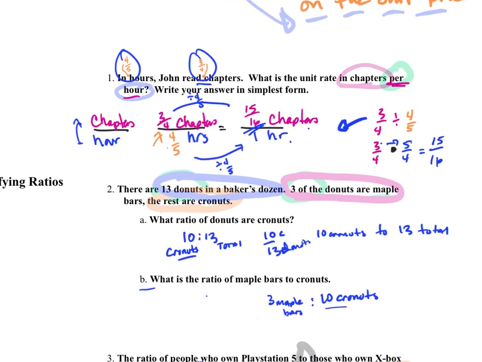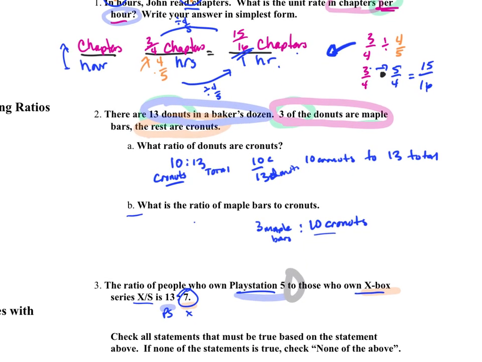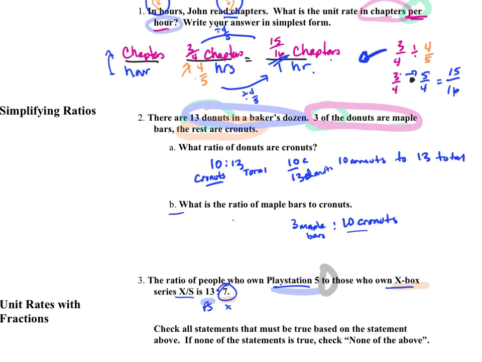All right. So this next one, you basically have to remember that you're talking about A plus B equals the total, right? And so what I'm talking about is the total is the baker's dozen. So that's 13. And they told us we had 3 maples. So we could say this is our maples over here.